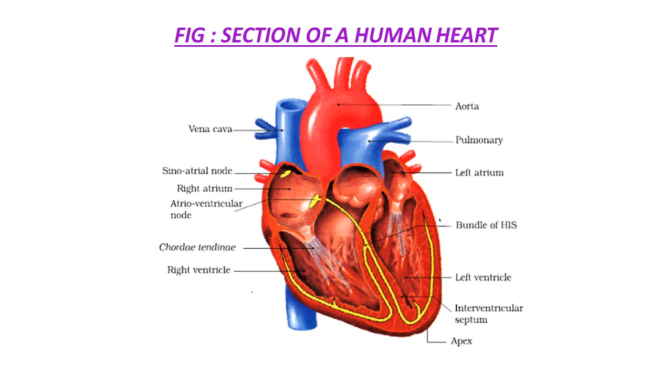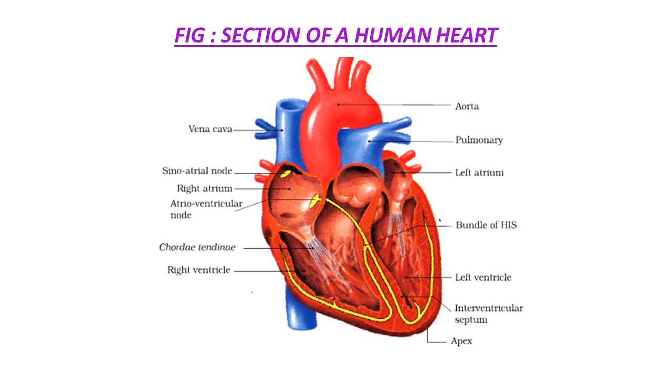So in this figure we can see this four chamber structure, two atria, two ventricles. The septum structure we can easily understand, the arrangement of vena cava and aorta, then the chordae tendineae muscular structure, the SA node and AV node, SAN, AVN, and the Purkinje fibers and bundle of His are clearly observed for our understanding.